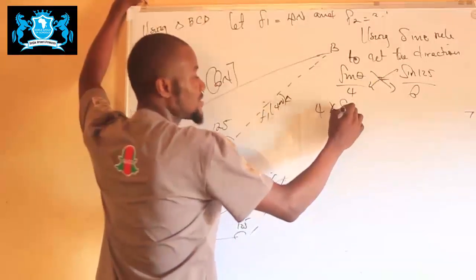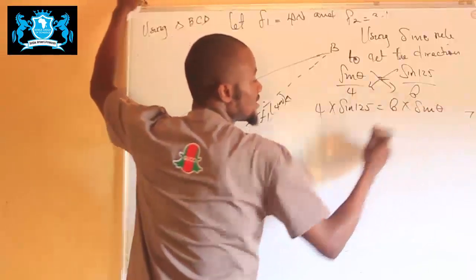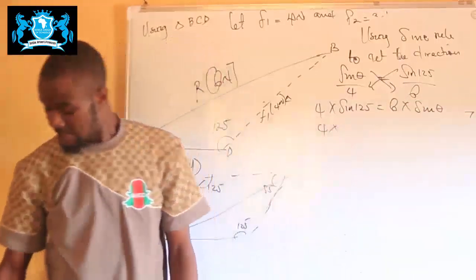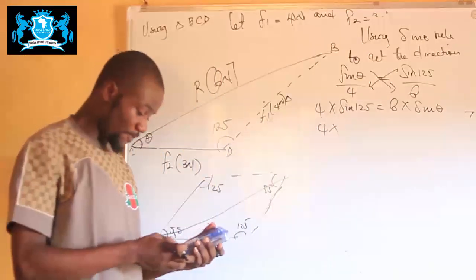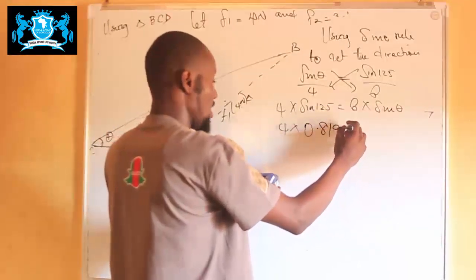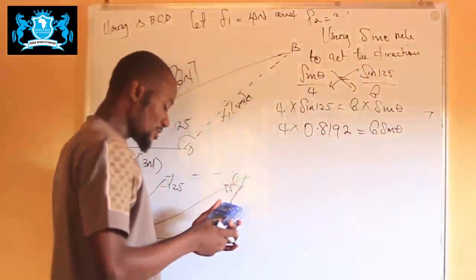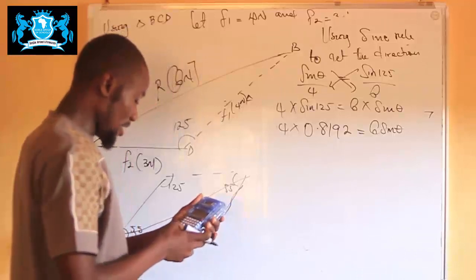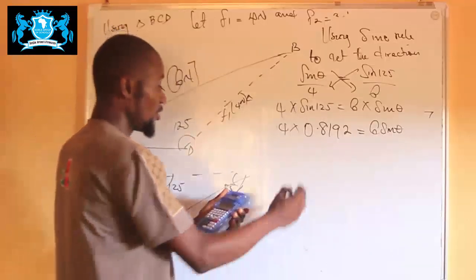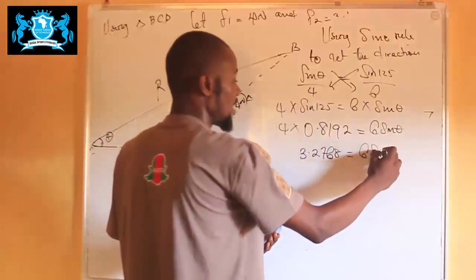You have 4 times sine 125 equals 6 times sine theta. So 4 times sine 125 will be 0.8192 equals 6 sine theta. So 4 times 0.8192 is 3.2768 equals 6 sine theta.